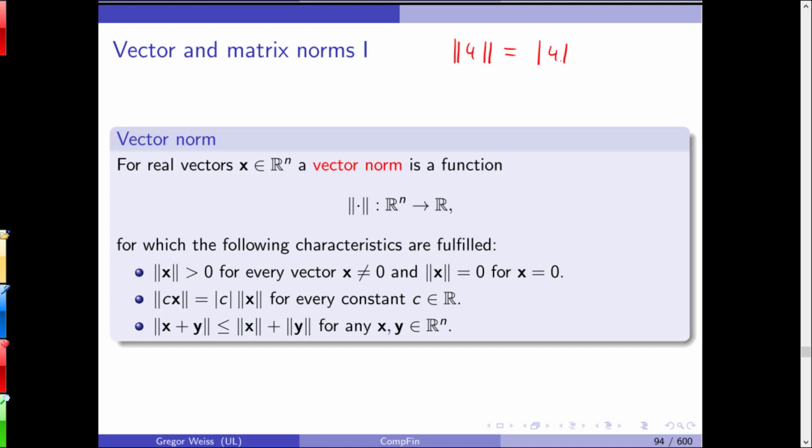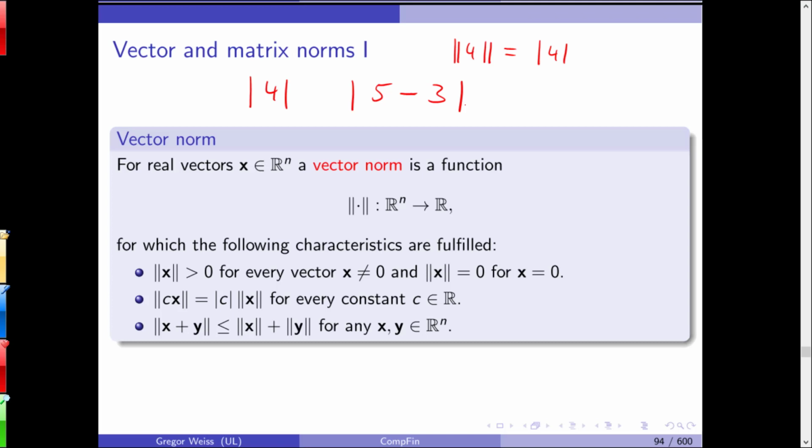In real numbers, this is quite clear. If you have the absolute value of 4, it means the 4 as an object is 4 points away from 0, or 4 numbers away from 0. And the absolute value of 5 minus 3, that's the distance between 5 and 3.